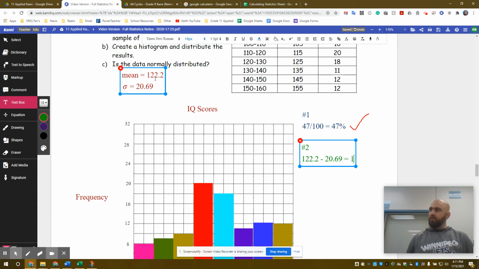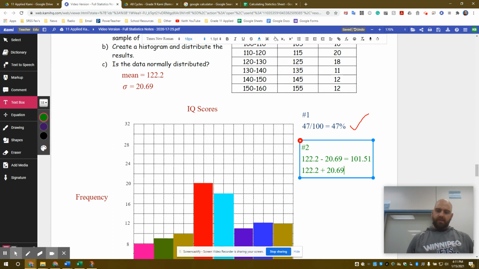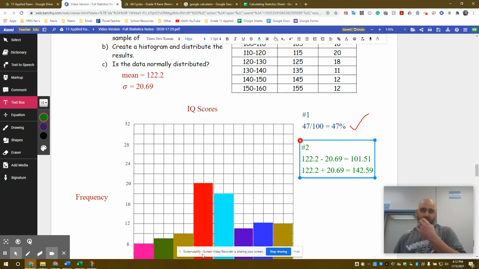We have 101.51 right here. So between 101.51 and 122.2 plus 20.69, which is 142.89.